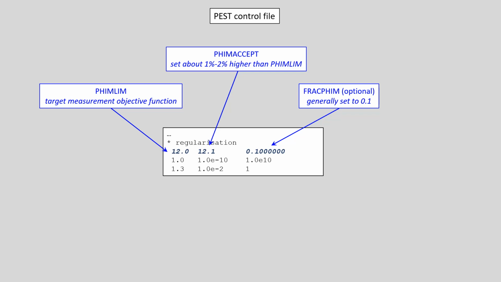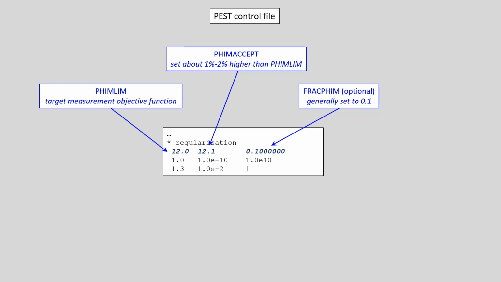So if the measurement objective function is very high, this is the effective target measurement objective function for that iteration. So this lends stability to the Tikhonov inversion process.